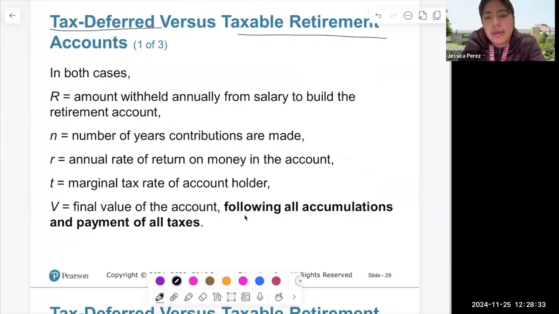V is the final value of the account, following all accumulations and payment of all taxes. What do they share? The tax deferred and the taxable accounts share the following: the amount withheld, the number of years, the annual rate, the marginal tax, and the final value.